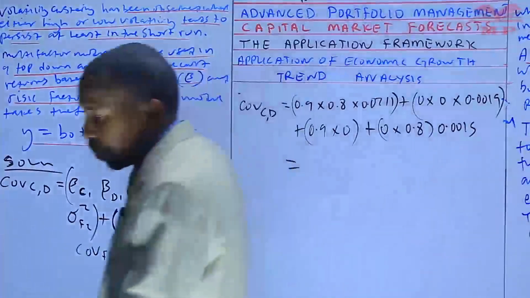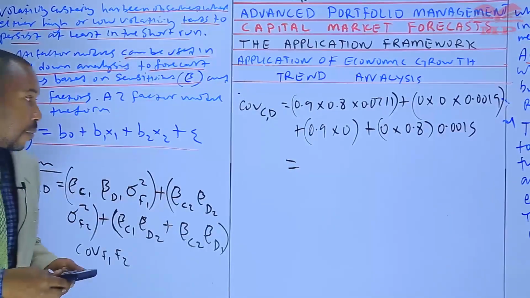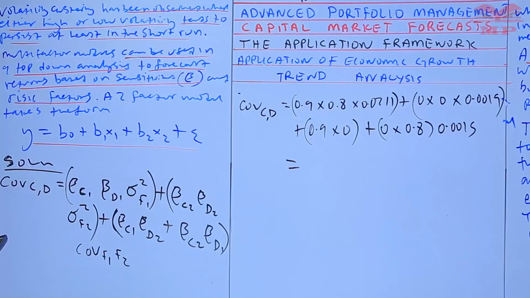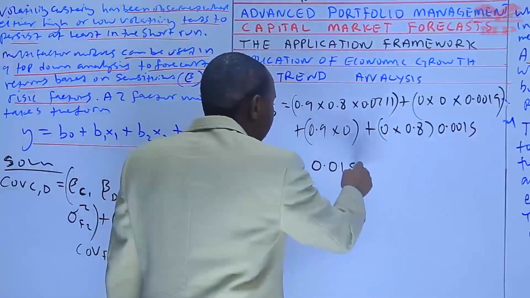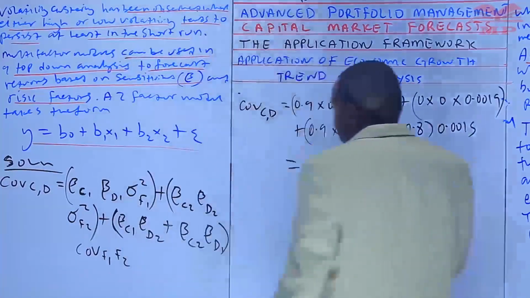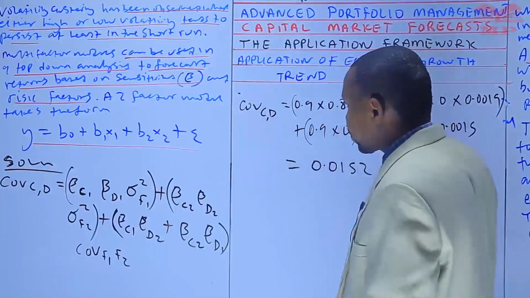Let me pick my calculator very fast. Working it out, 0.9 times 0.8 times 0.0211 plus 0 plus 0, I'm getting 0.0152. That is the covariance of market C and D.